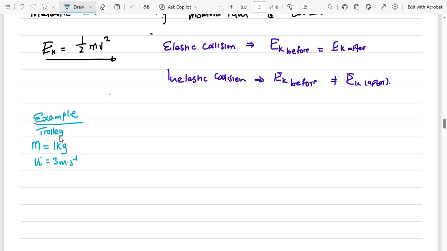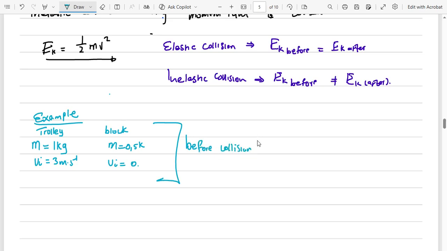And then we have a block, which has the mass of 0.5 kg. It's dropped vertically onto the trolley. So this block, we're gonna drop it, meaning the initial velocity is 0. So all this information was before collision.